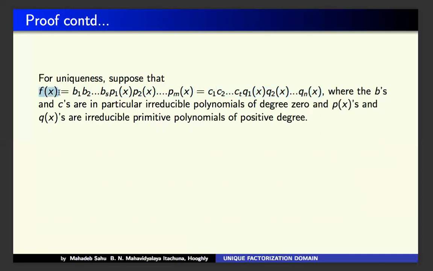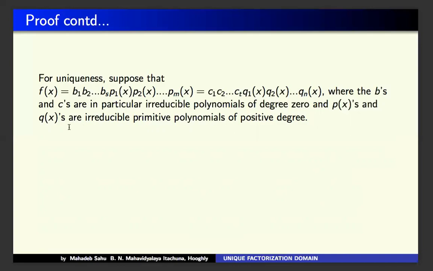So it remains to show that the Bi's are associates of the Ci's and the Pi(x)'s are associates of the Qi(x)'s, and also that s equals t and m equals n. The Bi's and Ci's are all irreducibles, and can be treated as polynomials of degree 0.